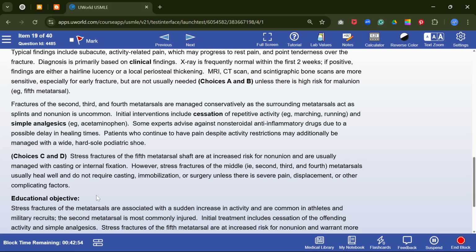Some experts advise against NSAIDs due to a possible delay in healing times. Patients who continue to have pain despite activity restriction may additionally be managed with a rigid hard-soled podiatric shoe.